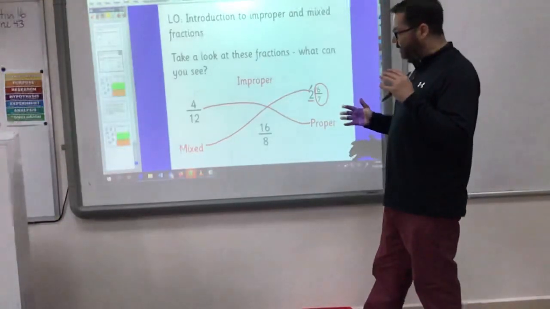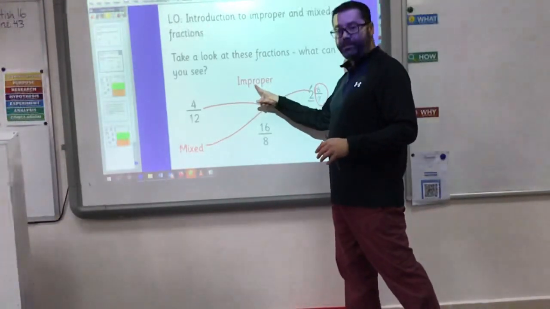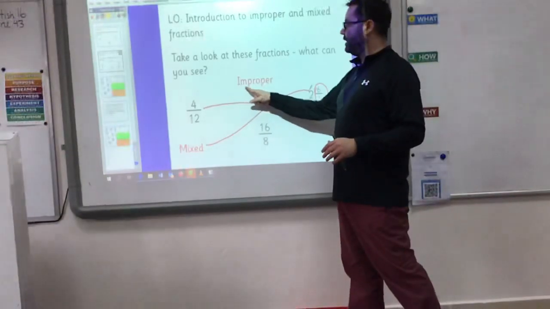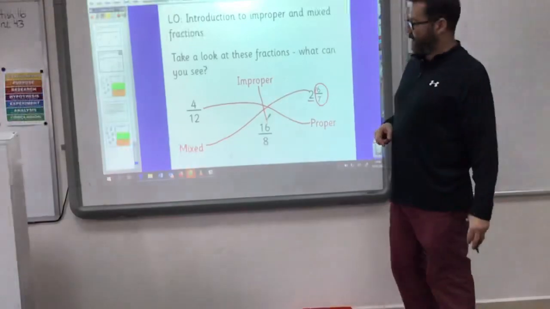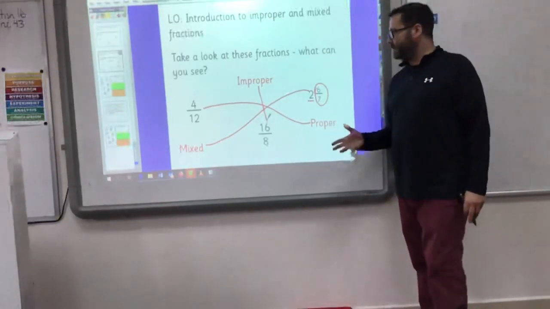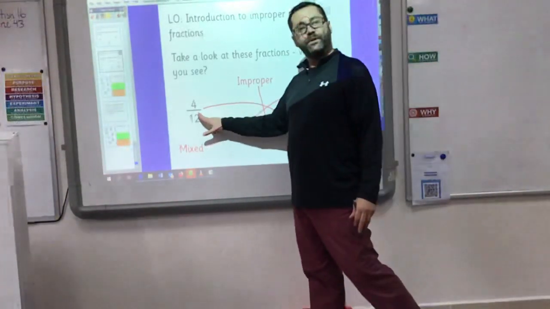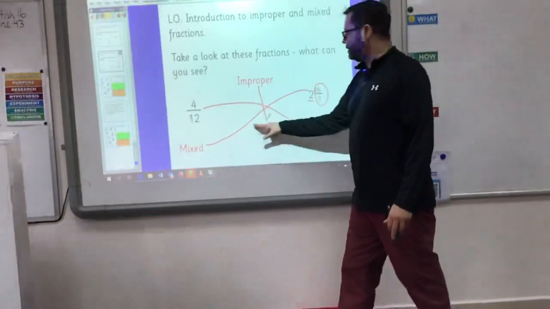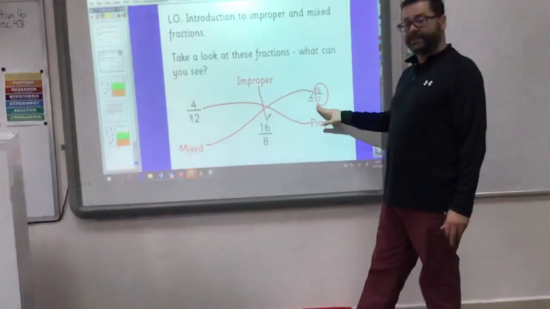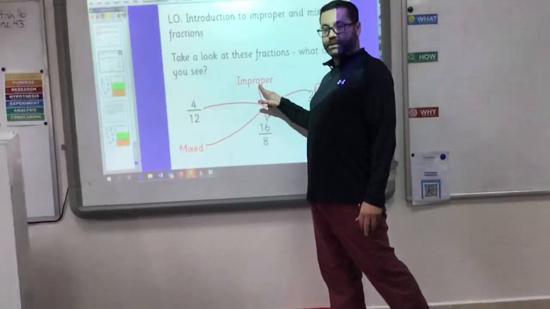So I think that this must not be a proper fraction. It must be an improper fraction. So there you have it. We have our 3 fraction families: proper fractions, which we know and we've worked a lot with; mixed fractions, which we're just being introduced to today; and improper fractions, again introduced today.